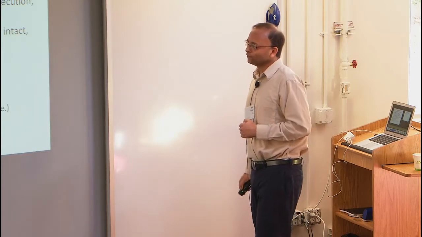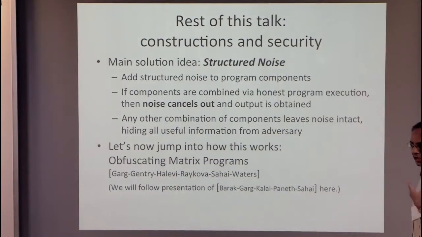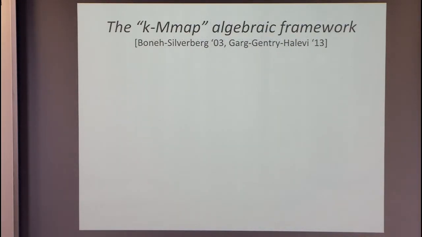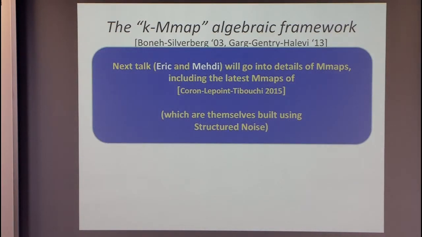Okay? So let me now jump directly to how this works. And we're going to start with obfuscating matrix branching programs. So let me just tell you what algebraic framework we're going to be working in here. It's the multilinear map framework. And you will hear more about this in the very next talk.